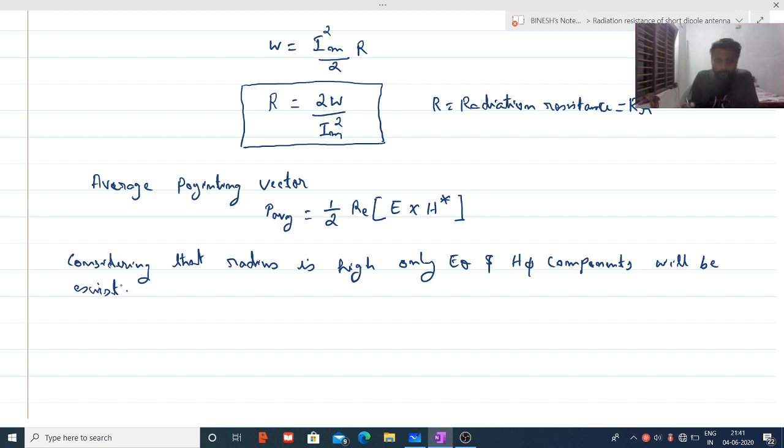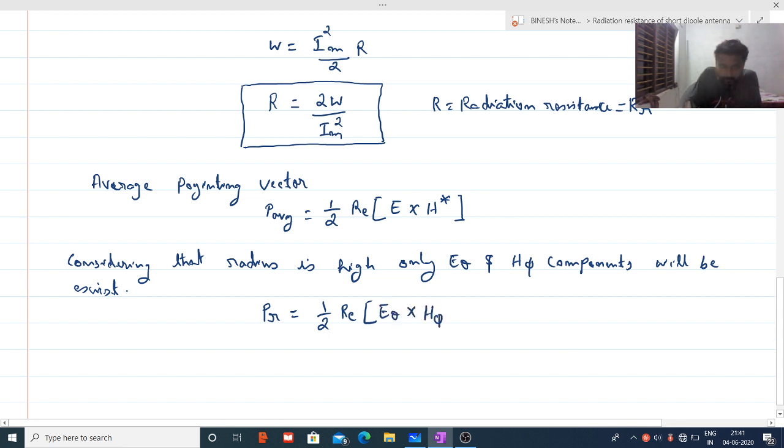So now we can write the average Poynting vector PR. In general, we can call this PR or P average, or generally called PR, radiated power, which I can write as 1 by 2 real part of E theta into H phi complex conjugate.